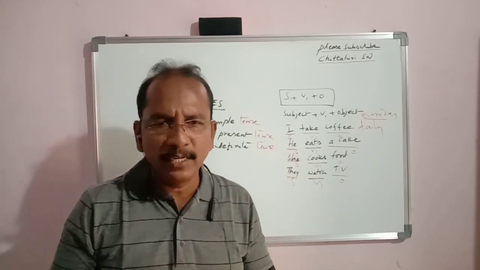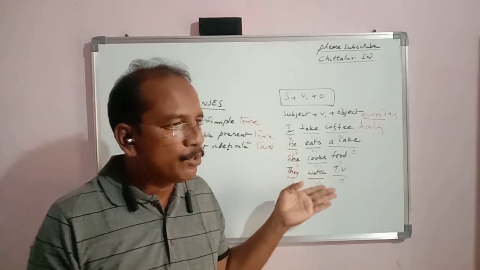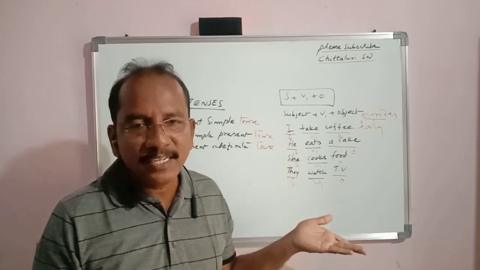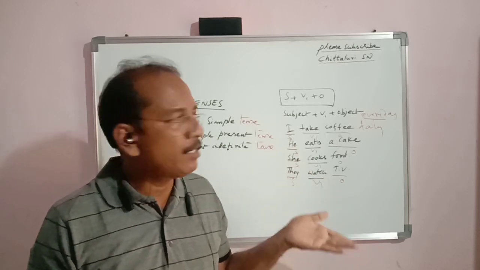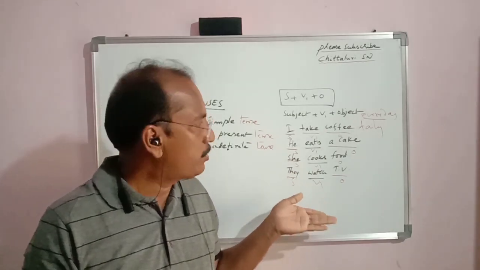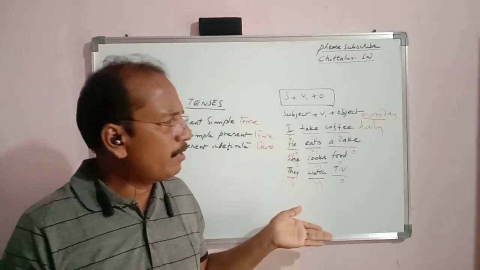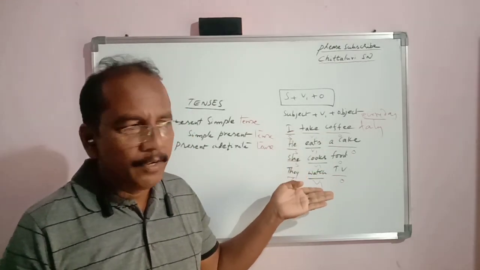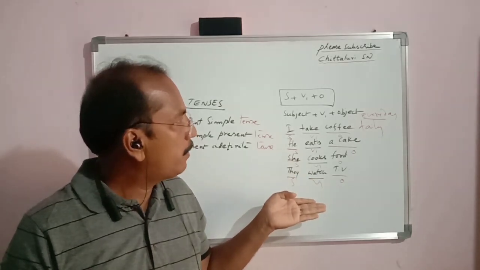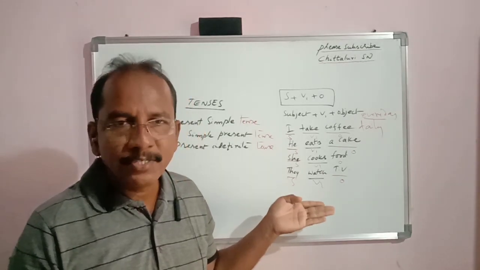The most important use of this tense is to describe our daily routine, our daily activities. So that is the use of this simple present tense. Okay, friends? Right. So please make your own examples with the help of this structure which I have taught you now. Definitely it is very helpful to you in learning your English grammar.